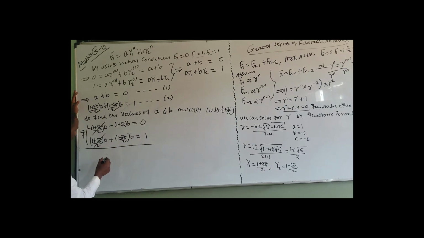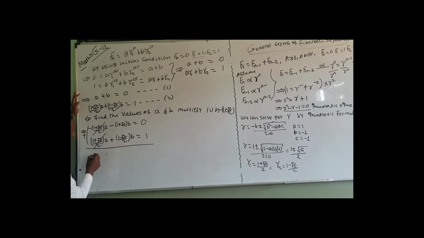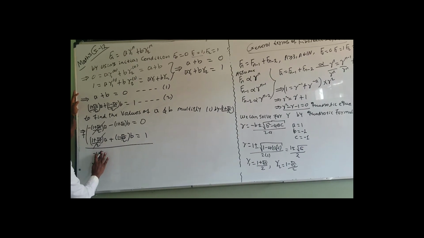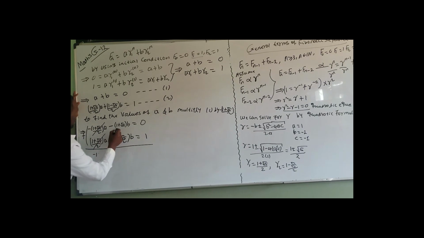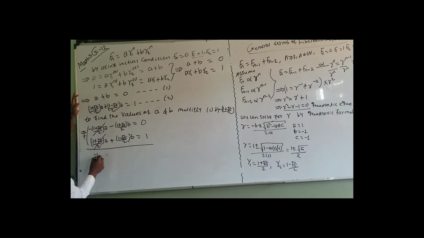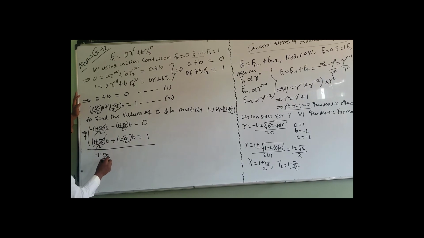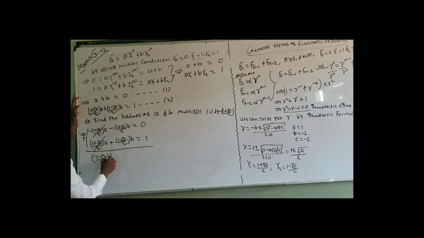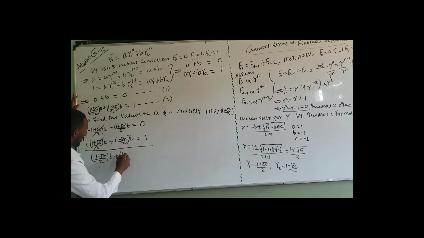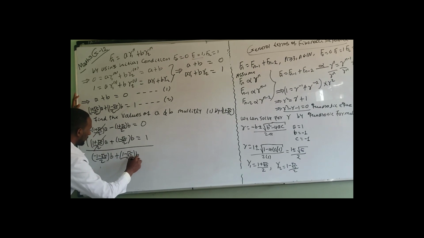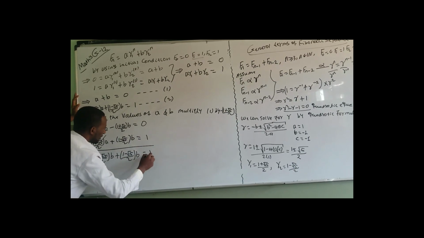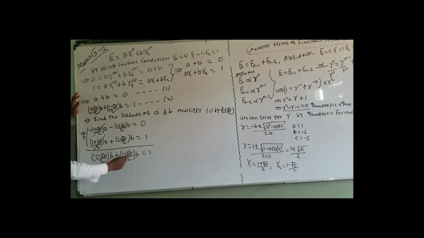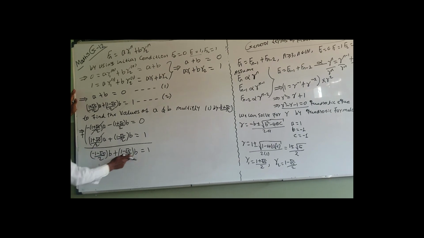Then this becomes negative 1 plus root 5 over 2 b plus 1 minus root 5 over 2 b, which is equal to 0 plus 1. When we add these two, we can take b as a common factor.